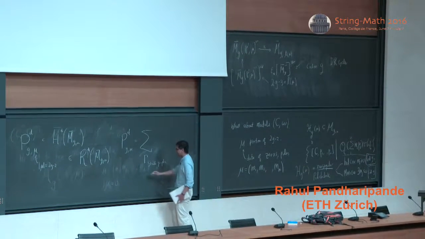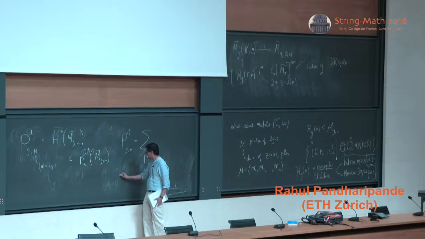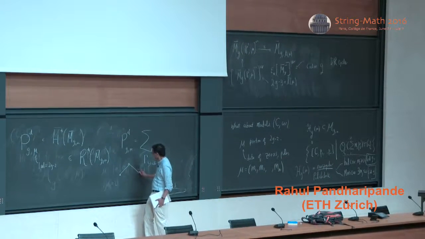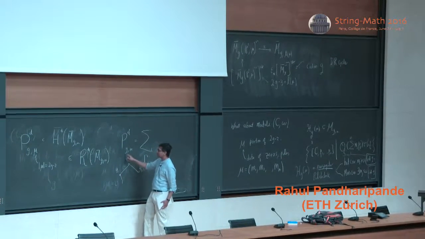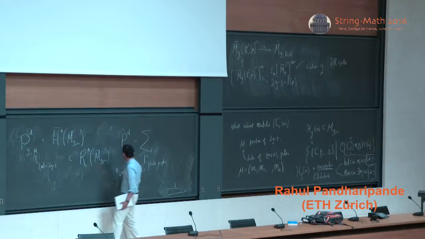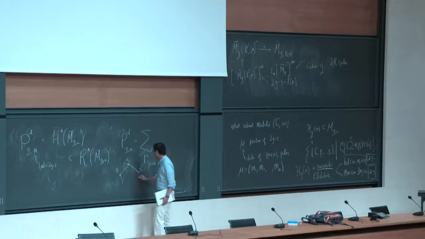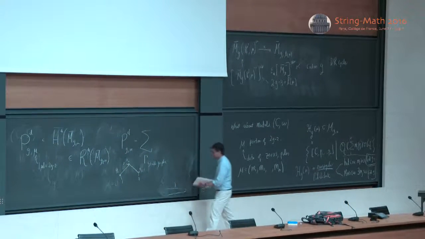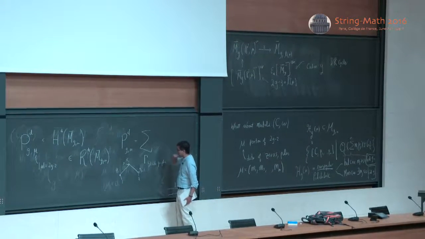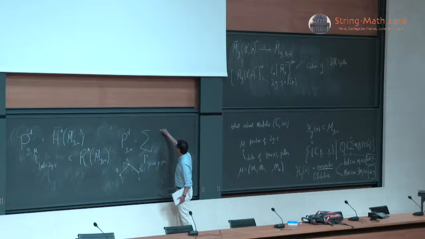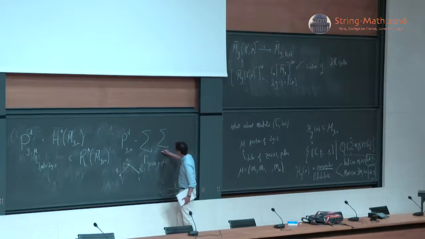And so what's the data of a stable graph? Well, it has some genera, and it has some marked points. The marked points correspond to the parts of mu. So these are the legs, and maybe some loops. OK, so we want to have this. So Aaron writes the sum over stable graphs, and then he wants to have a second sum over weightings, or maybe admissible weightings.